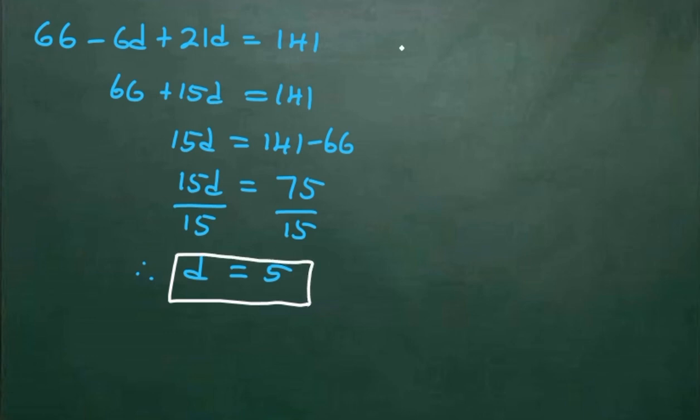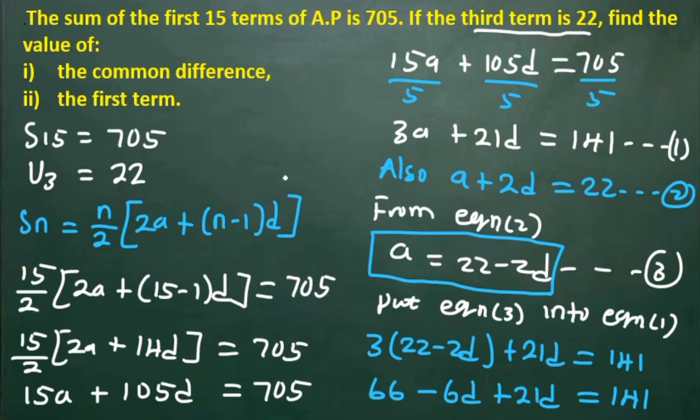Now let's consider the first term, because that's the next question we have to do, to find the first term. From equation 3, recall that we boxed this equation because it is vital for us to find the first term. a equals 22 minus 2d.